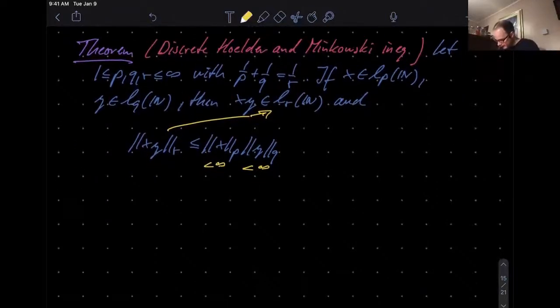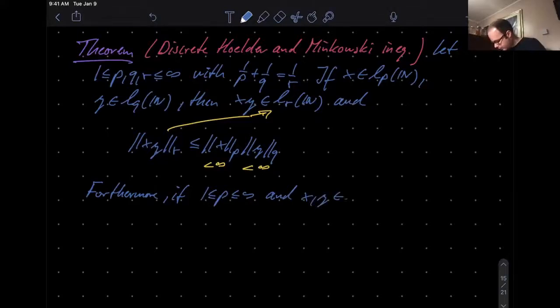And the Minkowski inequality: similarly, furthermore, if 1 < p < infinity and x, y in lp, then their sum is in lp.